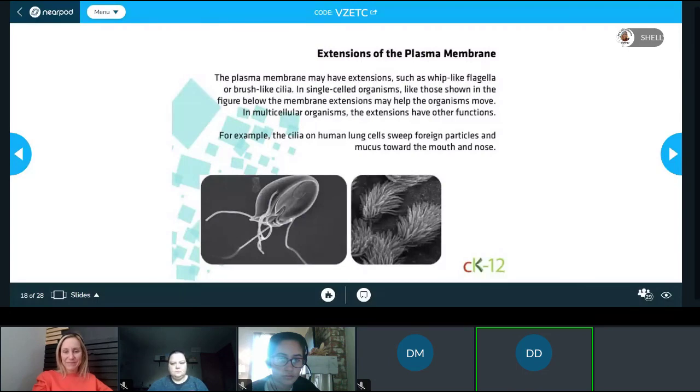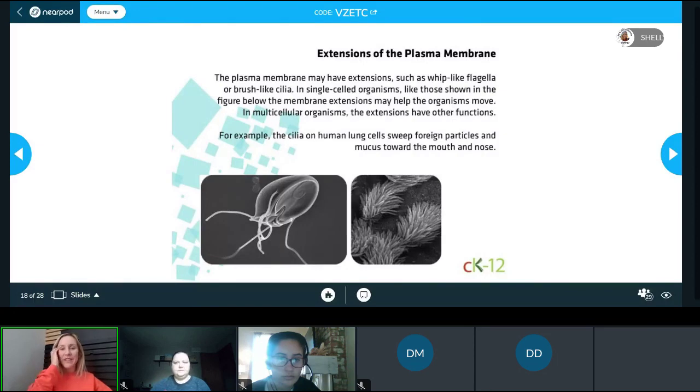The membrane extensions may help the organism move. In multicellular organisms, the extensions have other functions. For example, the cilia on human lung cells sweep foreign particles and mucus toward the mouth and nose.